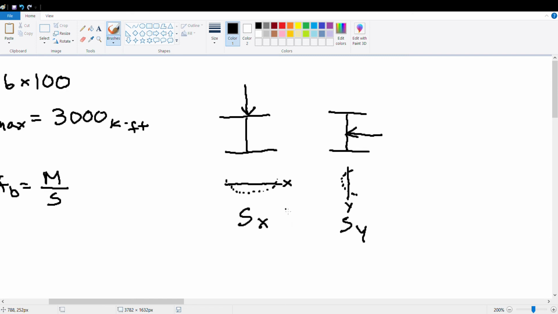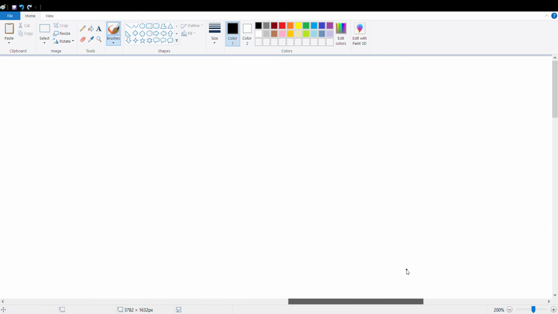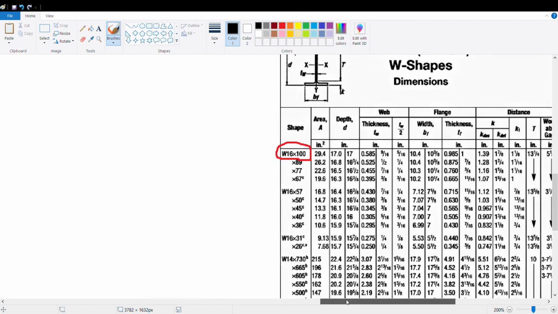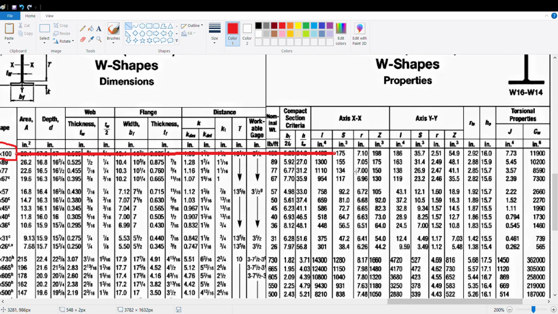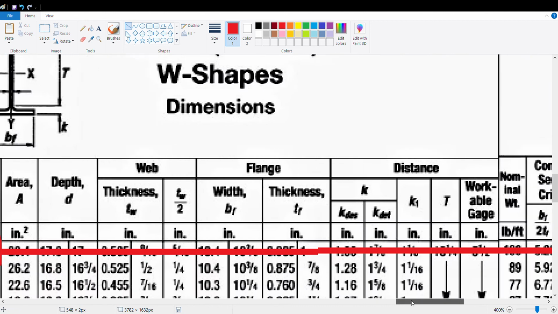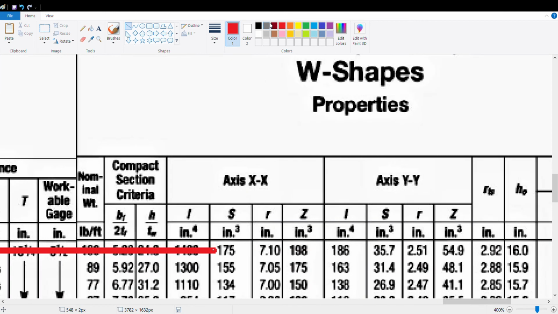So let us go back to our steel manual. Remember, we have a W16 by 100, and the section modulus is going to be this number right here. Let me zoom in, not the best picture, but right here. This is the section modulus number that you're going to be using.